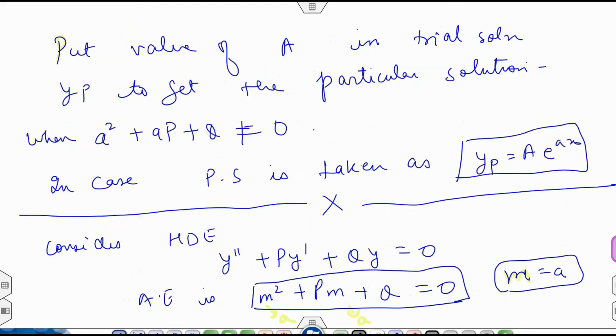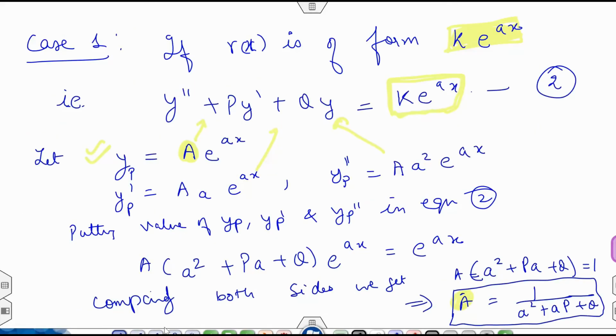So summarizing what you have seen, if you have a differential equation where you find your r(x) is this, what will be your trial solution? Your trial solution will be this, provided that this a is not a root of the auxiliary equation. Looking at this a is important. If it is a root of the auxiliary equation, then you cannot determine this value.